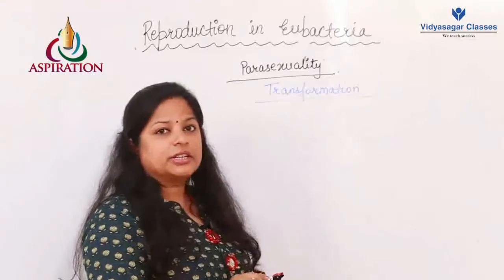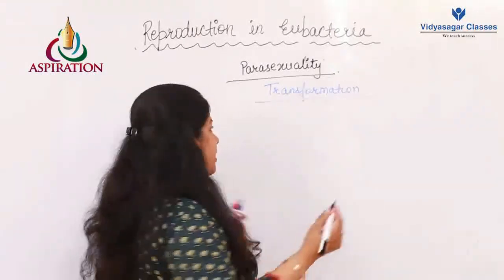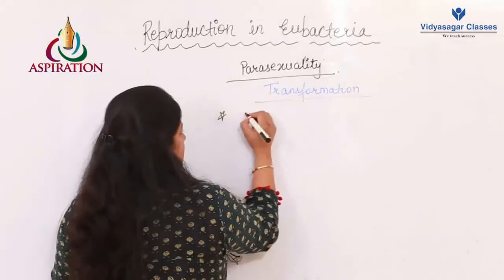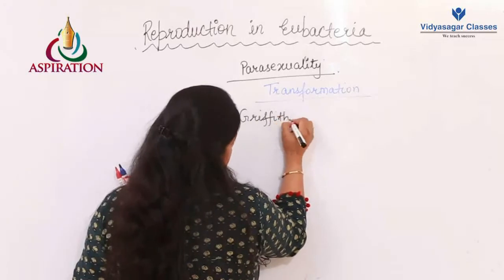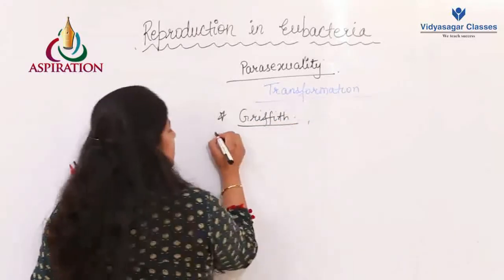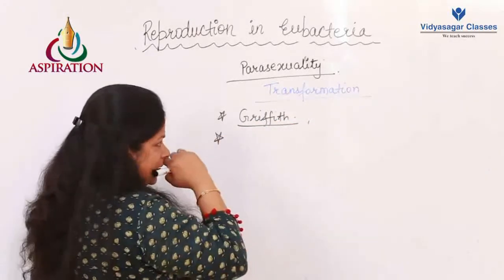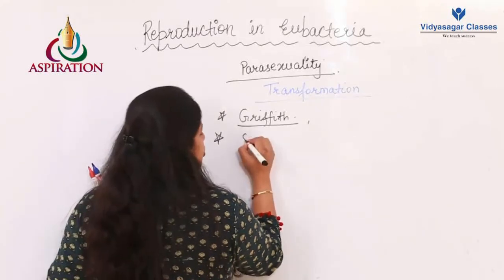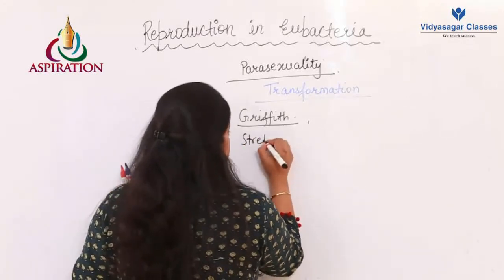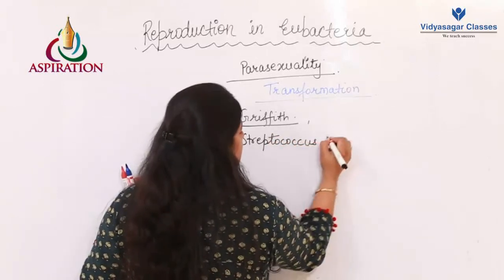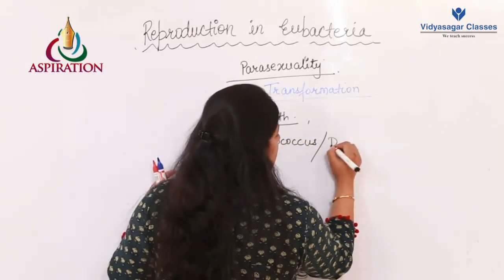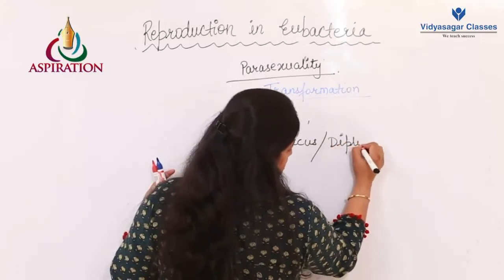Transformation was discovered by Griffith. His experimental material was Streptococcus, or Diplococcus.